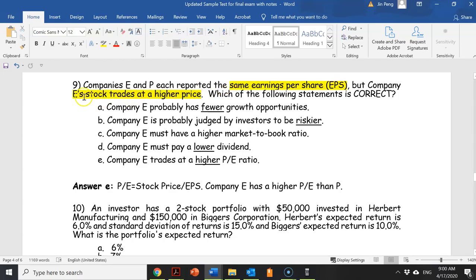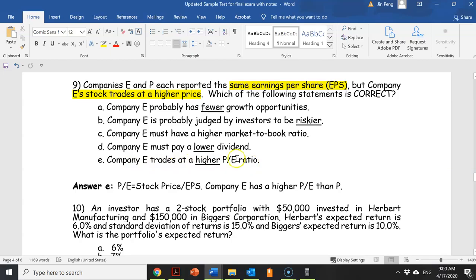So Company E has a higher stock price compared to P. We want to know if Company E probably has fewer growth opportunities, or if Company E is probably judged by investors to be riskier, or Company E must have a higher market to book ratio, or Company E must pay a lower dividend, or Company E trades at a higher PE ratio.